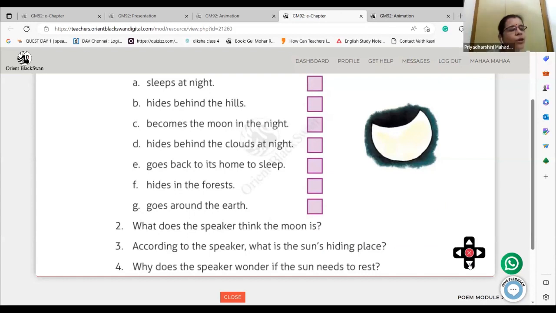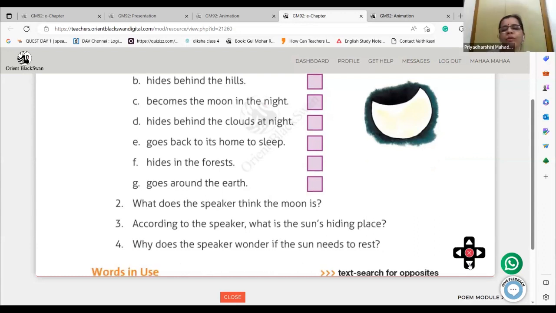So now what does the speaker think the moon is? The moon is the other side of the sun. That is what the speaker says, right? According to the speaker, what is the sun's hiding place?